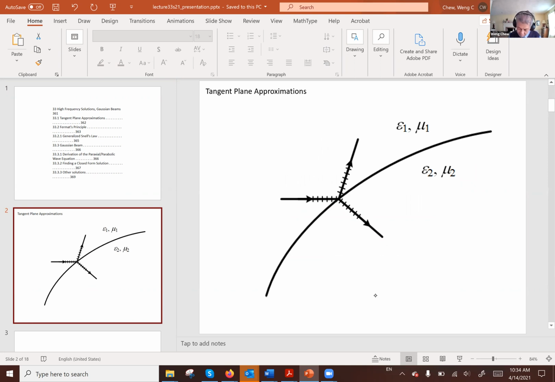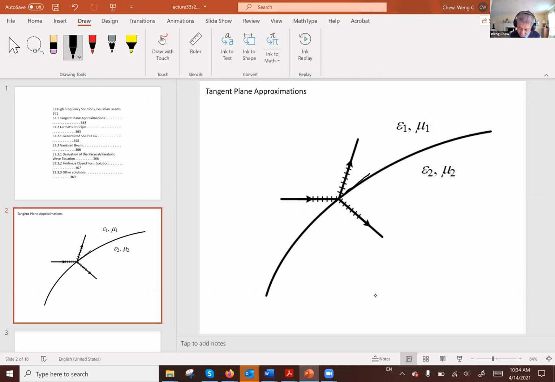So you can say that this is a tangent. This is usually called tangent to a surface. And if the wave is locally tangent, then you can more or less assume that the surface is flat. Just like many of us thought that the surface of the Earth is actually flat, because the radius of curvature is so huge that we don't know that the Earth is actually very curved. If you look from far away, it looks like a sphere.